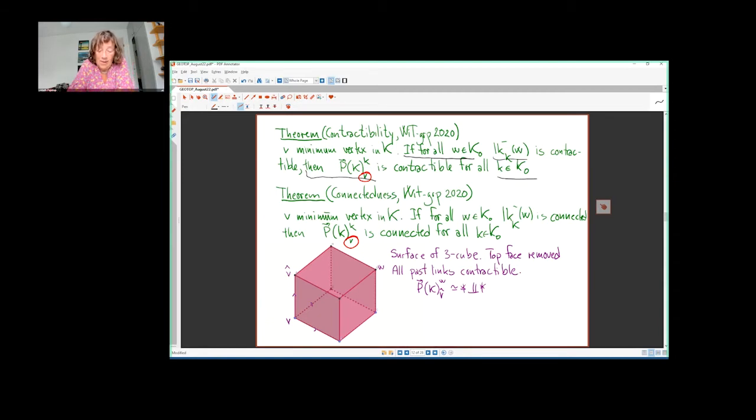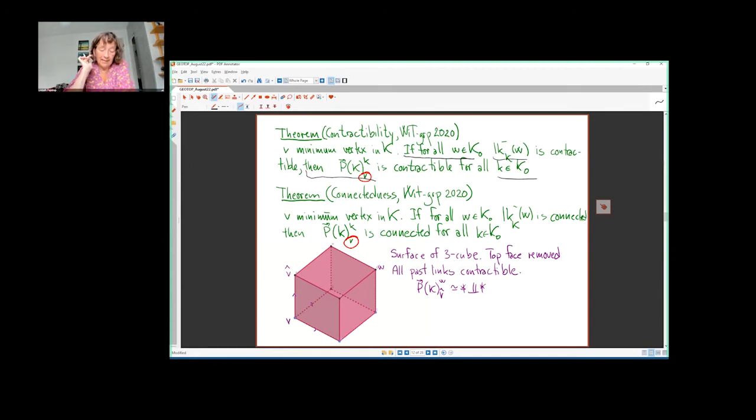And why is that? Well, this is an induction. You start from below, and then you use that if every path space to right below my vertex is contractible, then the path space to the vertex I'm interested in is homotopy equivalent to the link, which is then contractible. So there you go. It's an induction over that.